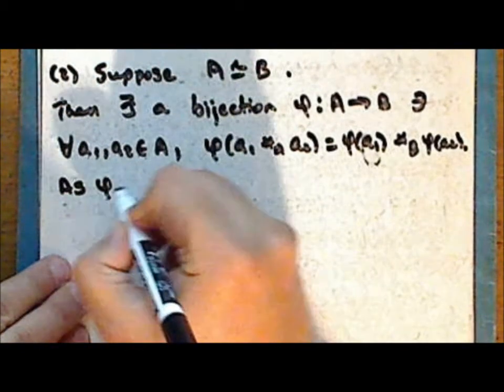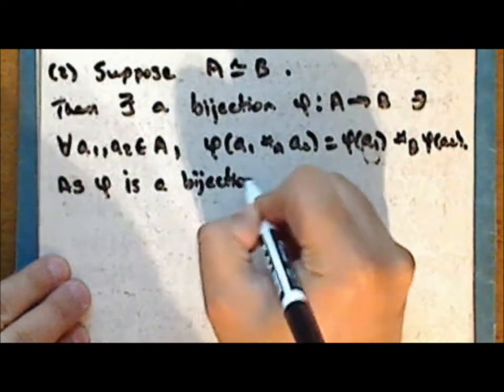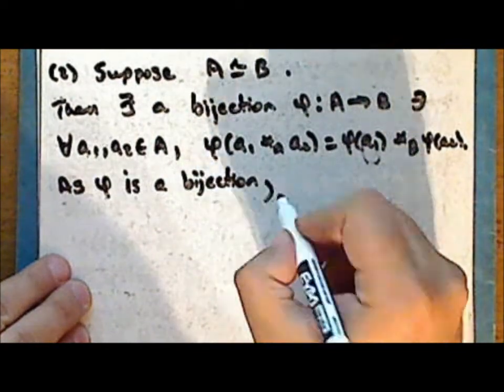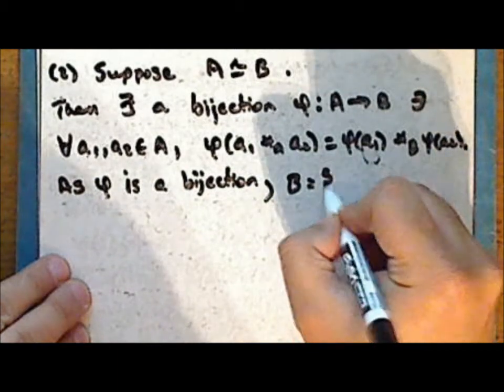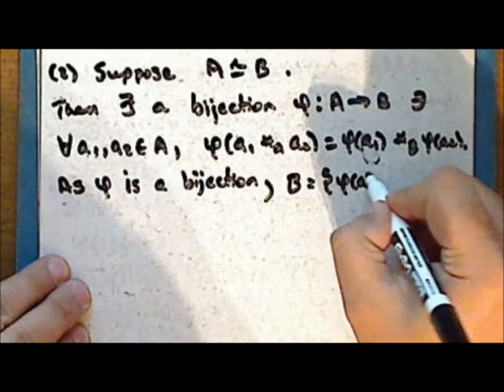As phi is a bijection, it is a one-to-one correspondence, and so the set B is precisely the set of all images of the elements in the set A.